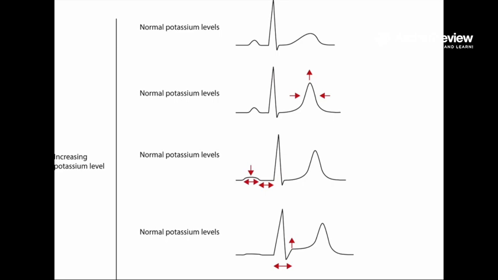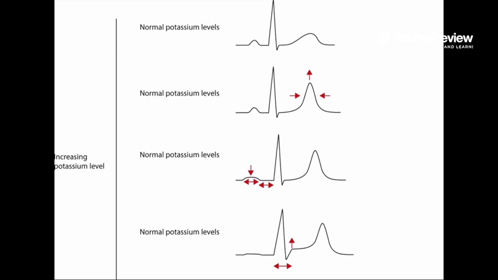As we go down and look at the next EKG tracing, maybe this patient's potassium is more like 6, 6.5. You still see this tall peaked T wave, but you're also seeing a longer PR interval. You see that first red arrow between the P and the R is really lengthening, and that P wave is kind of flattening out a little bit. This patient's potassium is at a dangerous level.